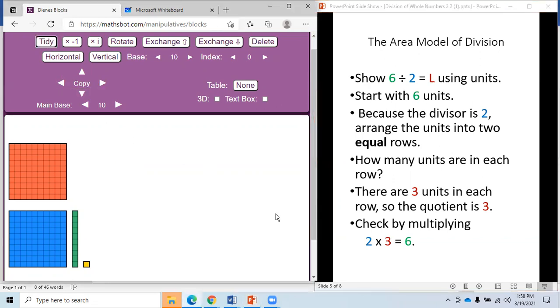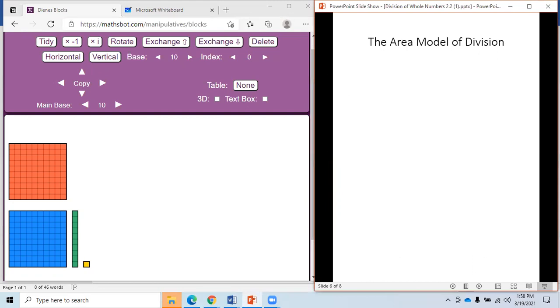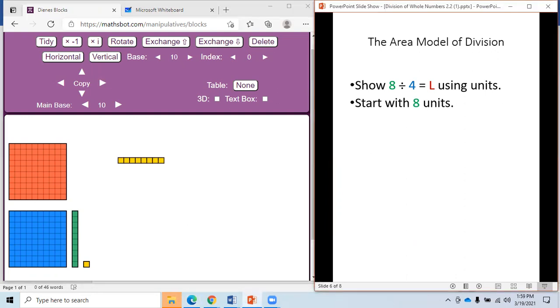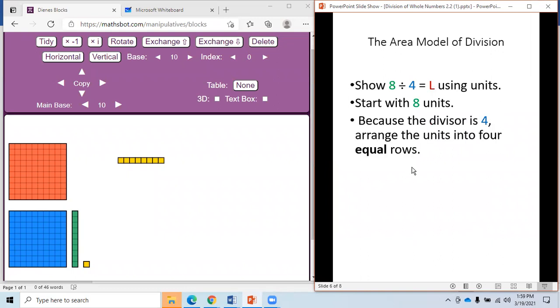Let's do this with another one. Let's show 8 divided by 4 is equal to L. So again, I'm going to start out with 8 blocks. And because my divisor is 4, I'm going to arrange my 8 blocks into 4 equal rows.